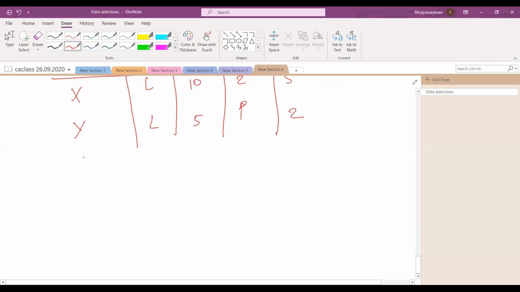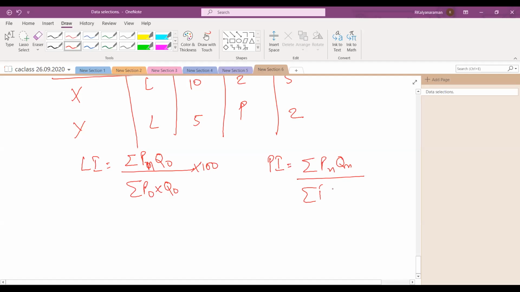We know Laspeyres price index formula is sigma of P1 Q0 by sigma of P0 Q0 into 100. The Paasche's index is sigma of P1 Q1 by sigma of P0 Q1 into 100.